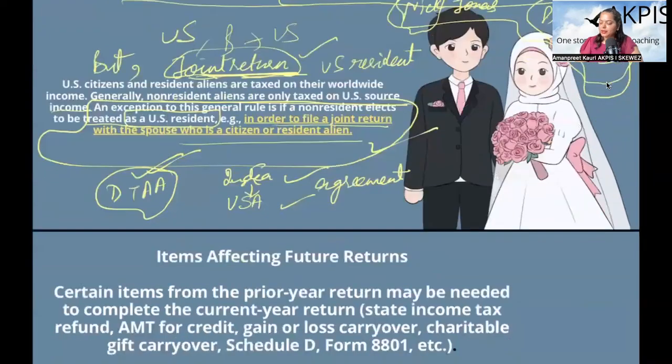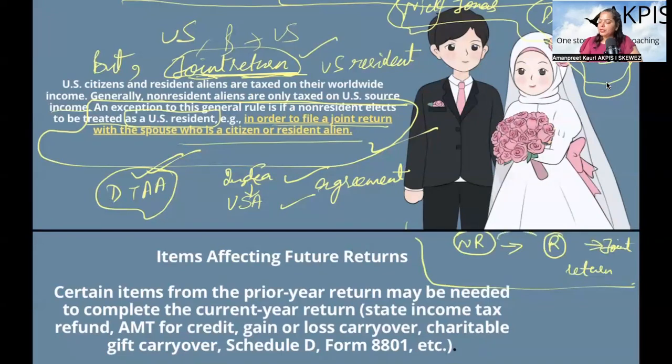So what is the crux? The crux is this: even if you are a non-resident, you are given an option to be treated as a resident. In which situation? For example, in filing a joint return. So, simple thing: if you are a non-resident, you are supposed to pay tax only on your income earned in the US.